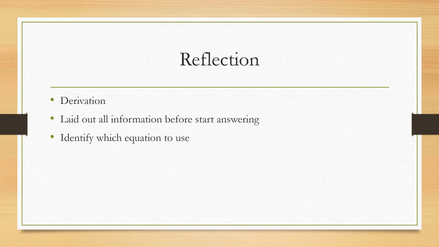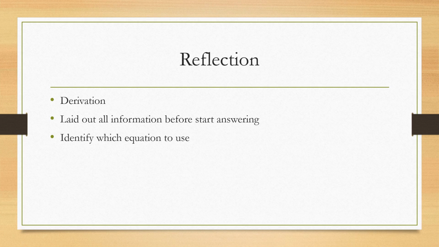Now let us do a reflection or a recap on what we have learned today. Today, first we learned how to derive all four linear motion equations. Then we learned that first we need to list out all the information before we start answering, as this makes solving the problems easier.